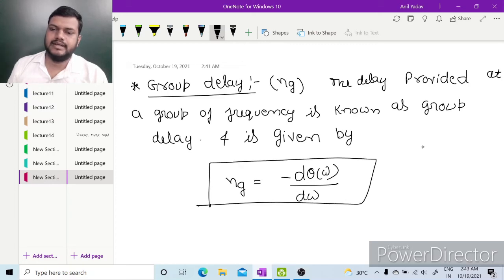And this group delay n_g is given by minus dθ(ω) by dω, meaning the derivative of phase with frequency.